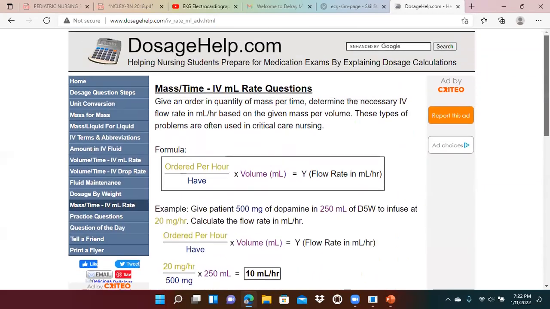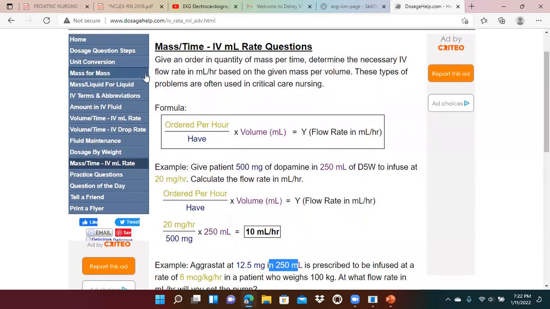So this is the formula we discussed right now. First of all, in these questions you need to know how to convert different units, which we call unit conversion.